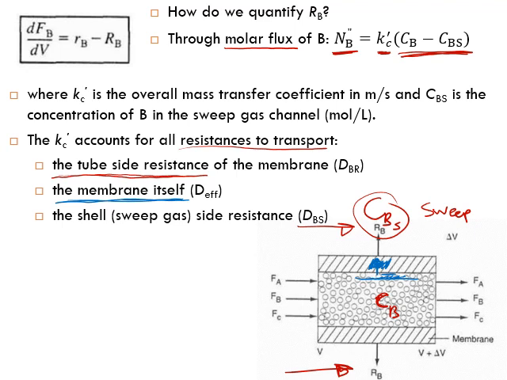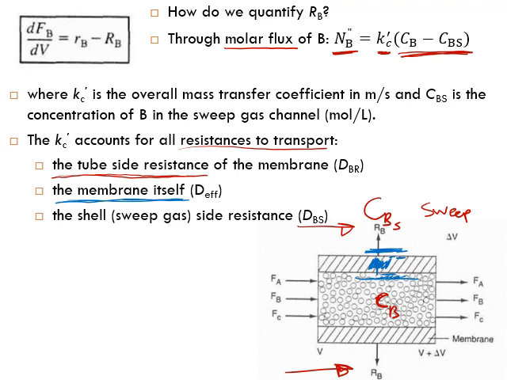And what about the third resistance? Well, the third resistance is the diffusion of B from here through the boundary layer again to the bulk of the sweeping area. So again there is a resistance for mass transport from here to here. This accounts for the resistance on the shell, the sweep gas side resistance.